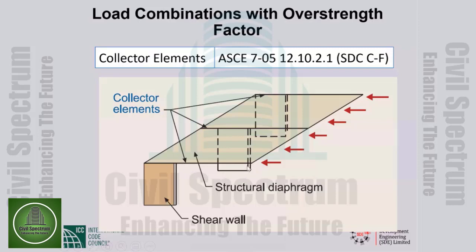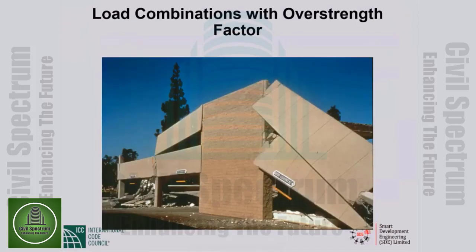It can be a physical beam, or it can be a bunch of reinforcing bars. Whichever way, you have to have an element that is collecting the shears developing at the edge of the diaphragm and then eventually delivering them to the supporting shear wall. So that element would be a collector element, and that collector element has to be designed using load combinations with overstrength factors. Why?